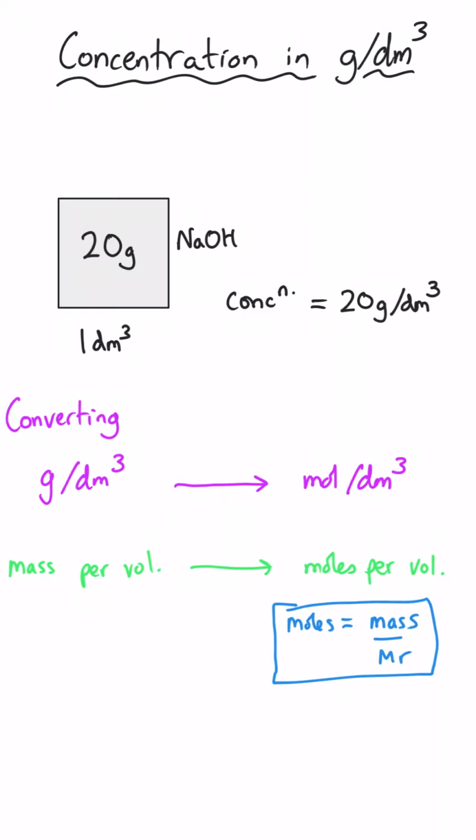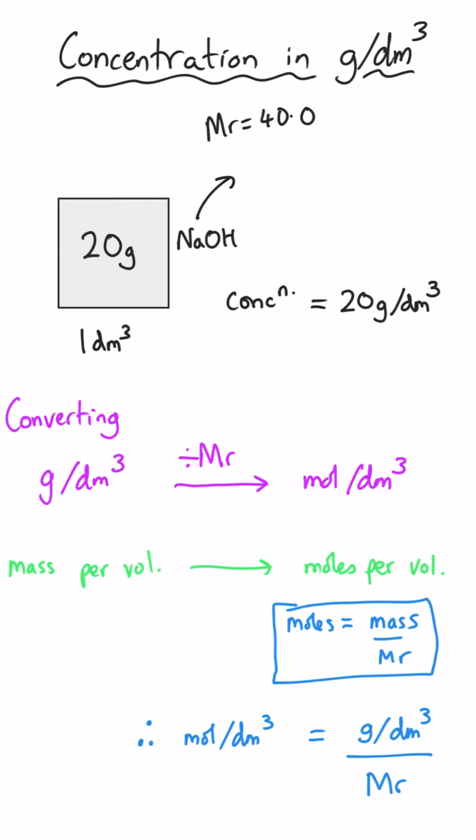Now we know that to convert mass into moles, we have to divide it by the MR. So you can convert a grams per decimetre cubed concentration into moles per decimetre cubed by simply dividing by the MR, which for sodium hydroxide is 40.0, and so the concentration in moles per decimetre cubed is going to be 0.5 moles per cubic decimetre.